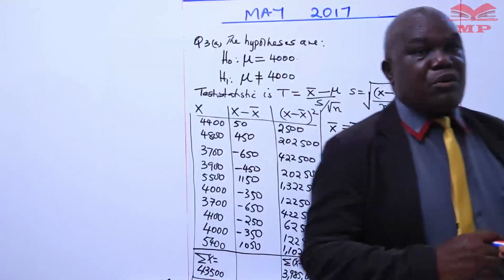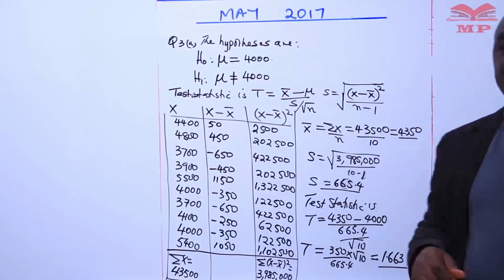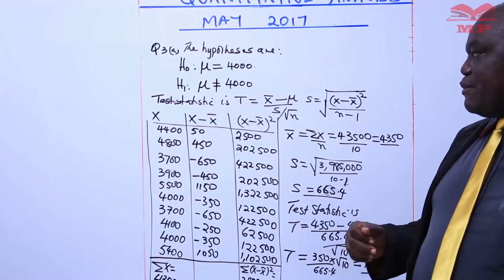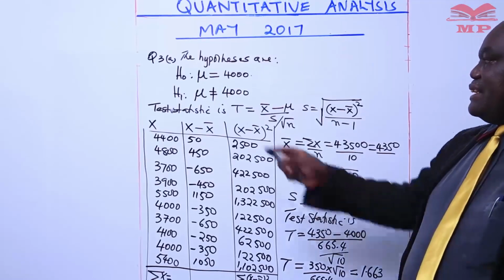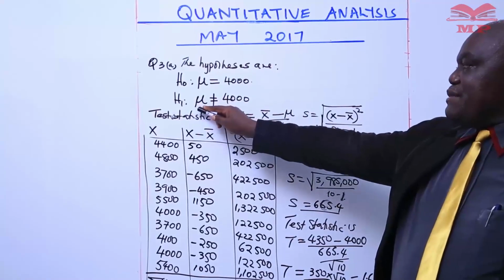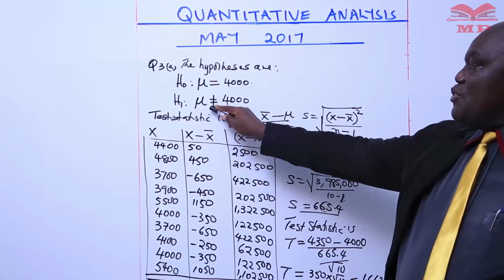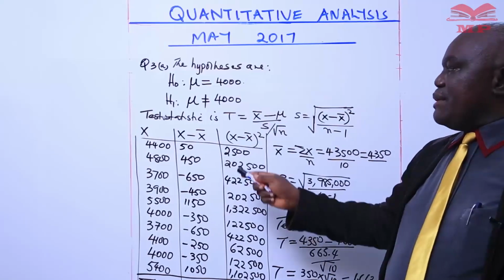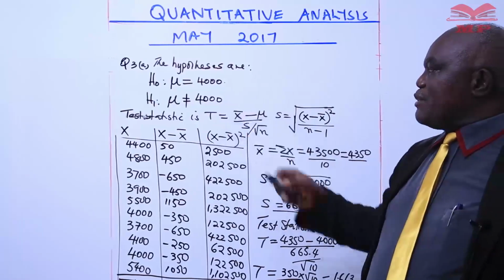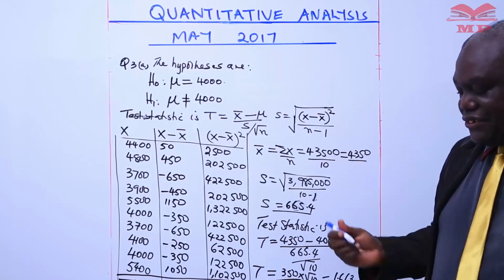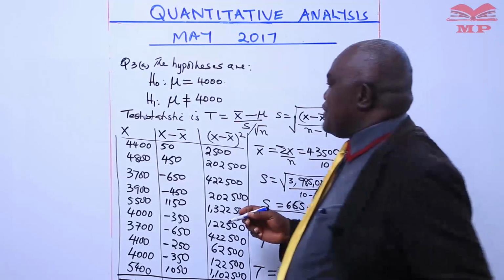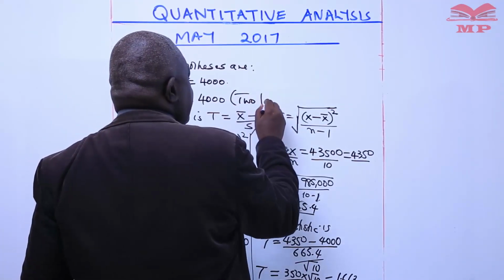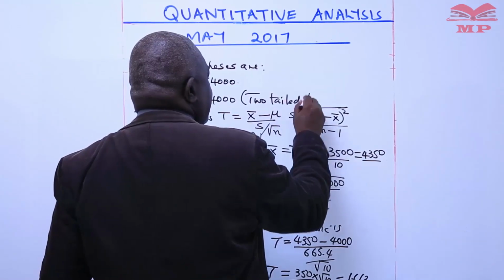Now, what do we do? For us to make any judgment, we have to get what the table says at the level of significance. The alternative hypothesis is mu not equal to that, which means it's either less or more. Therefore, we have what we call a two-tailed test.